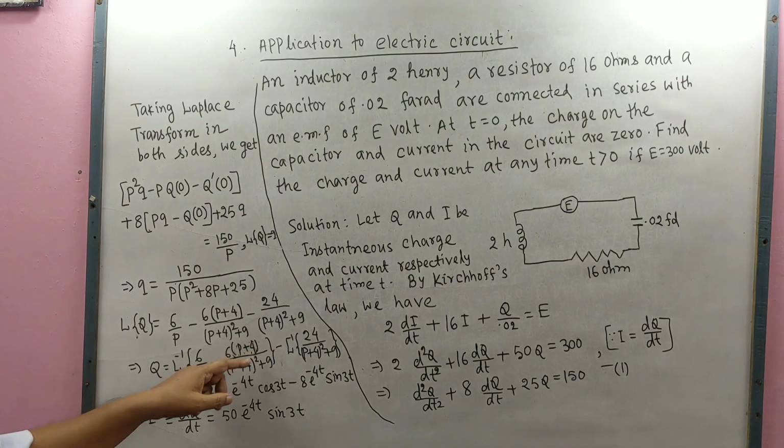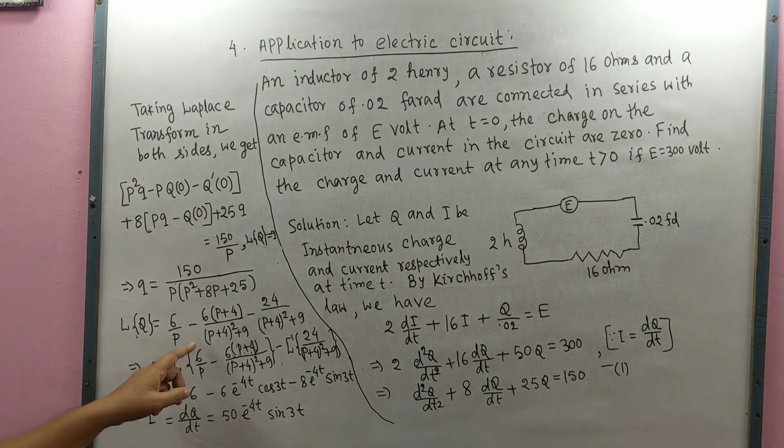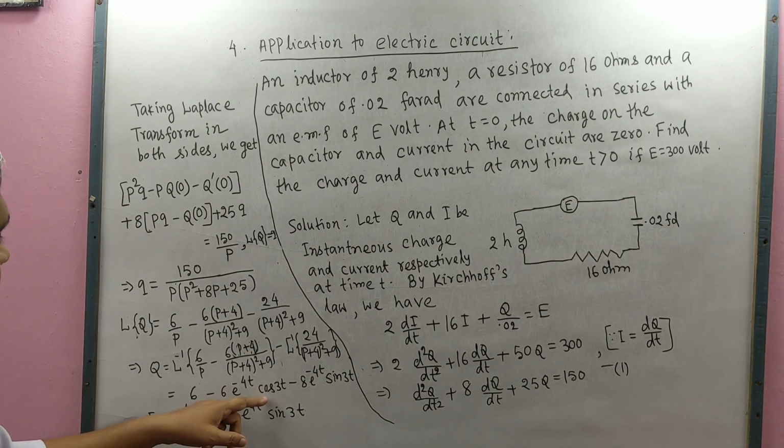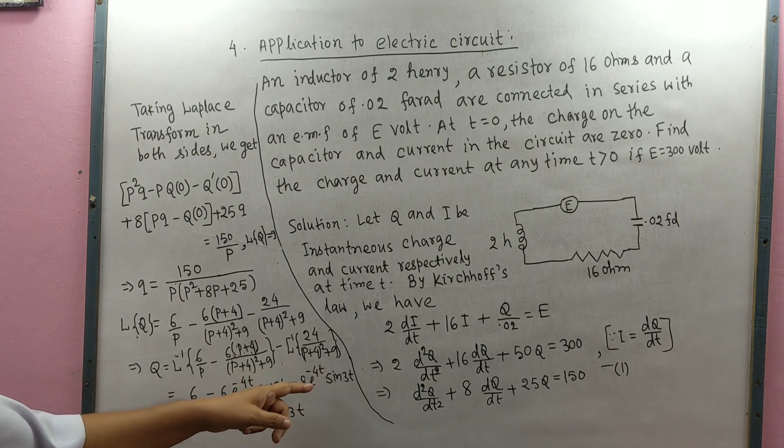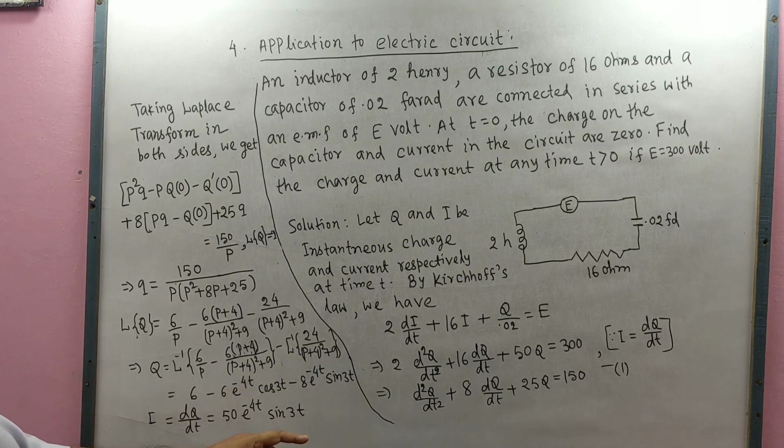Here by using the first shifting theorem, we get 6 e to the power minus 4t cos 3t. Here also we apply the first shifting theorem, so 8 e to the power minus 4t sin 3t. So this is the value of Q, the charge.